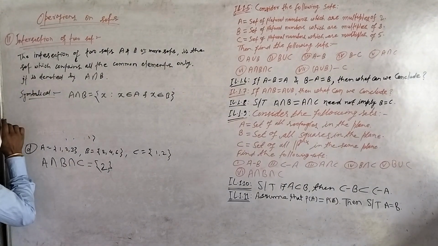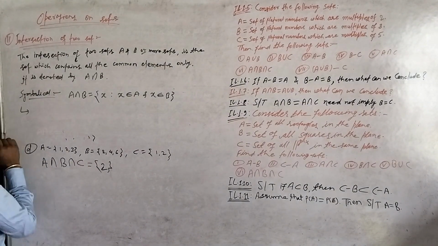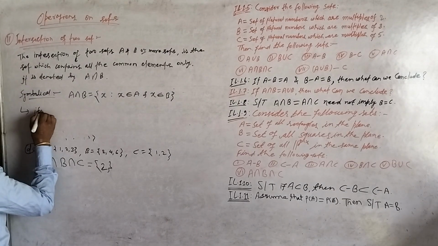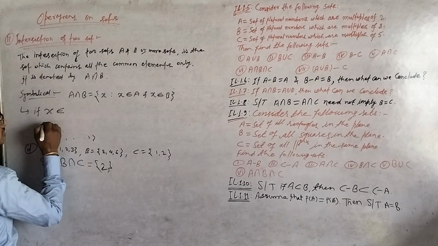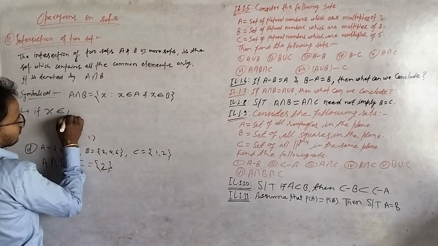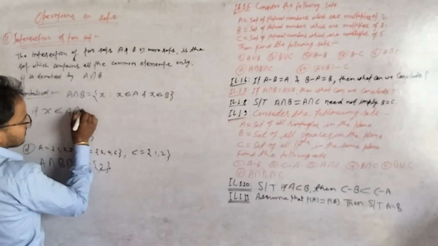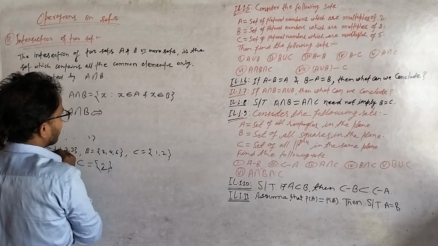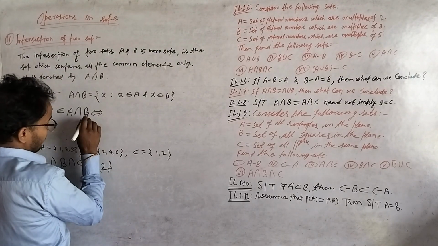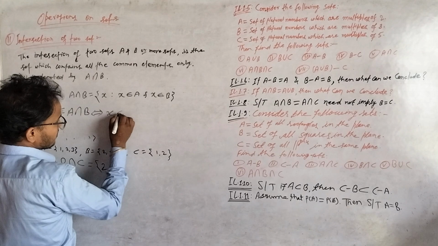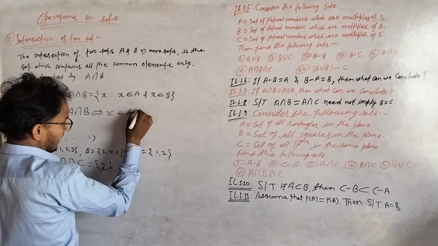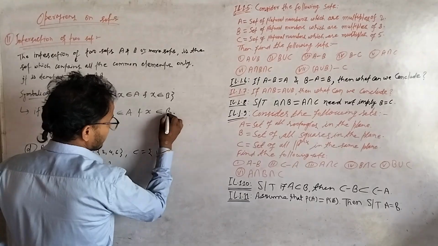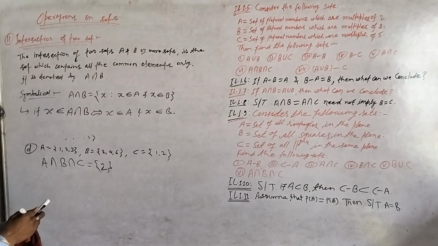And we say x belongs to A intersection B if and only if x belongs to A as well as x belongs to B, which is mandatory.